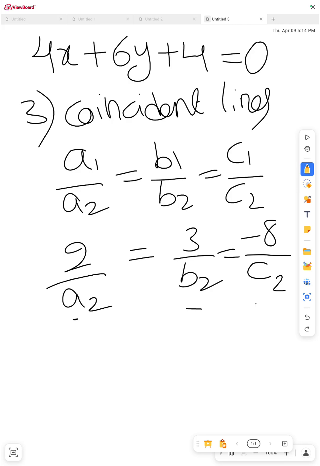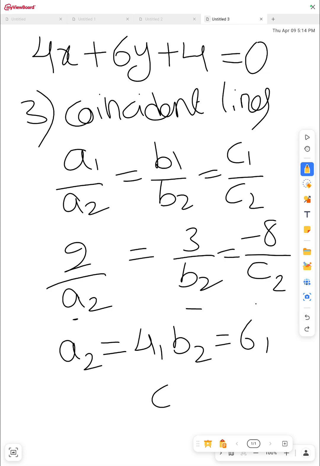Okay, let's think about it. What if I write a2 is equal to 4, b2 is equal to 6, and c2 is equal to minus 16?